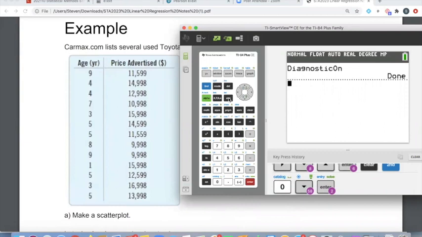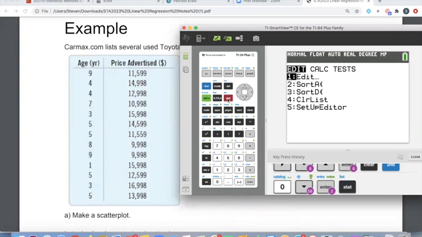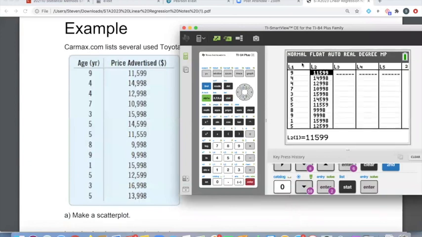So we're going to go here into stat, into edit. We're going to type the ages into L1 and the prices into L2. Order doesn't matter as long as you make sure your points line up. Like this 8 better go with that 9998.